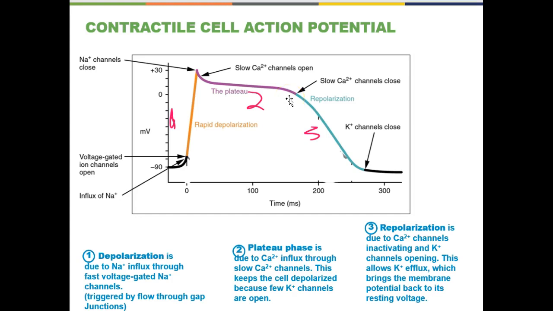So the membrane remains depolarized for an extended period of time. Then during time period 3, your potassium channels are going to open. Now potassium is going to leave the cell, allowing the cell to repolarize and return to its resting membrane potential.